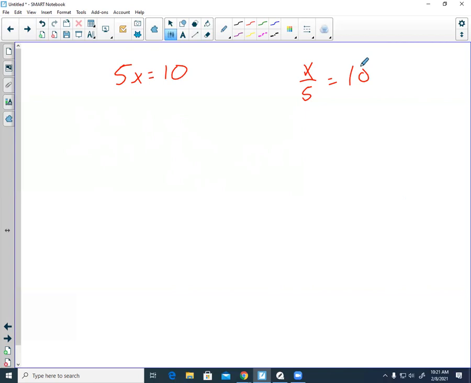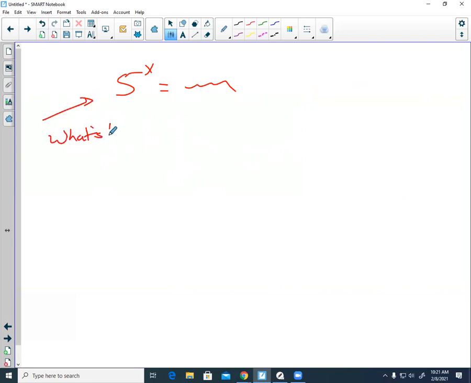Exponents undo logs, and logs undo exponents, okay? So if I'm asking you to undo something that's happening to an x, you're going to use a log. For instance, if I see something that looks like this, 5 to the x power equals whatever, what's happening is that there is an exponent.